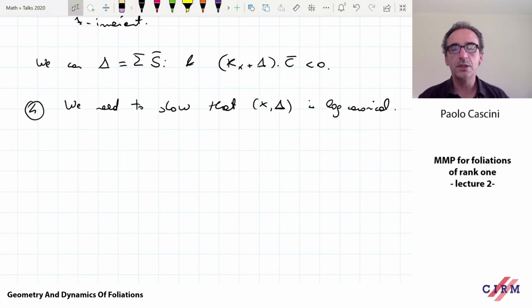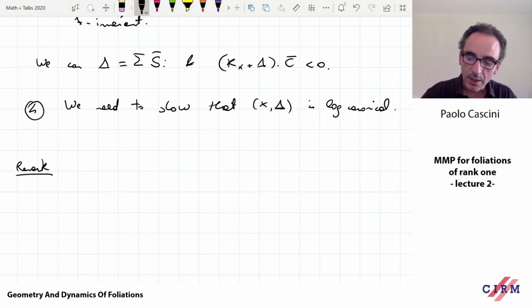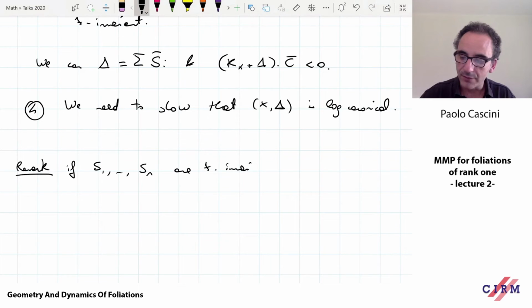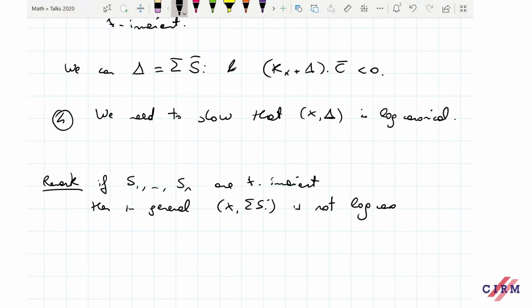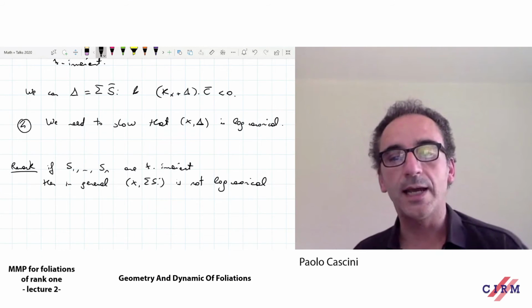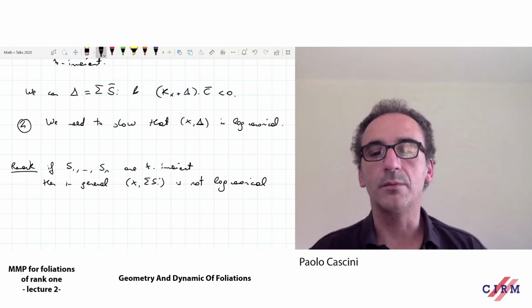In general, it's not true, so let me write it as a remark, that if S1 to Sn are F invariant, even if you assume that F is very nice, then in general it's not true that the pair is log canonical. It's very easy to produce examples. Why? Because there are too many invariant surfaces, so you can just throw them inside, and at some point it will surely not be log canonical anymore.